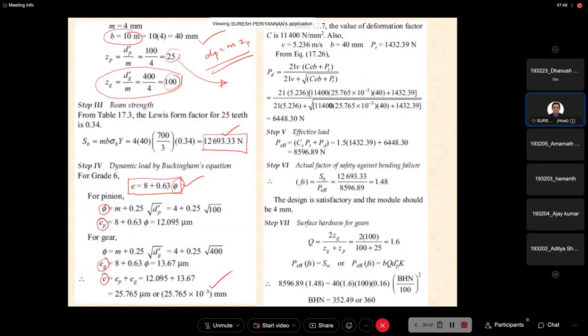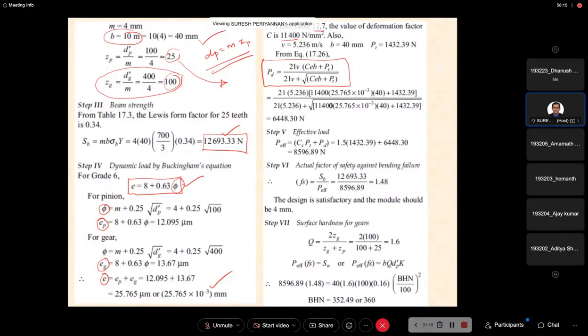Now, when we are going to find our dynamic load, we should know the deformation factor C. We can take C from the table, Table 17.7; we considered one more problem earlier. This is the corresponding material and corresponding pressure angle.